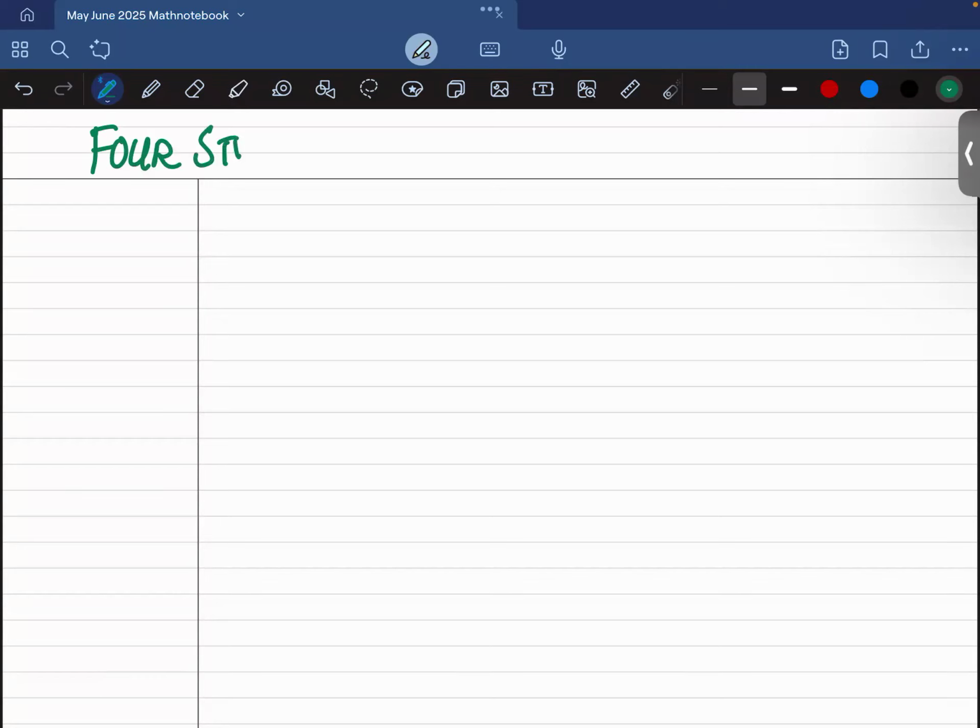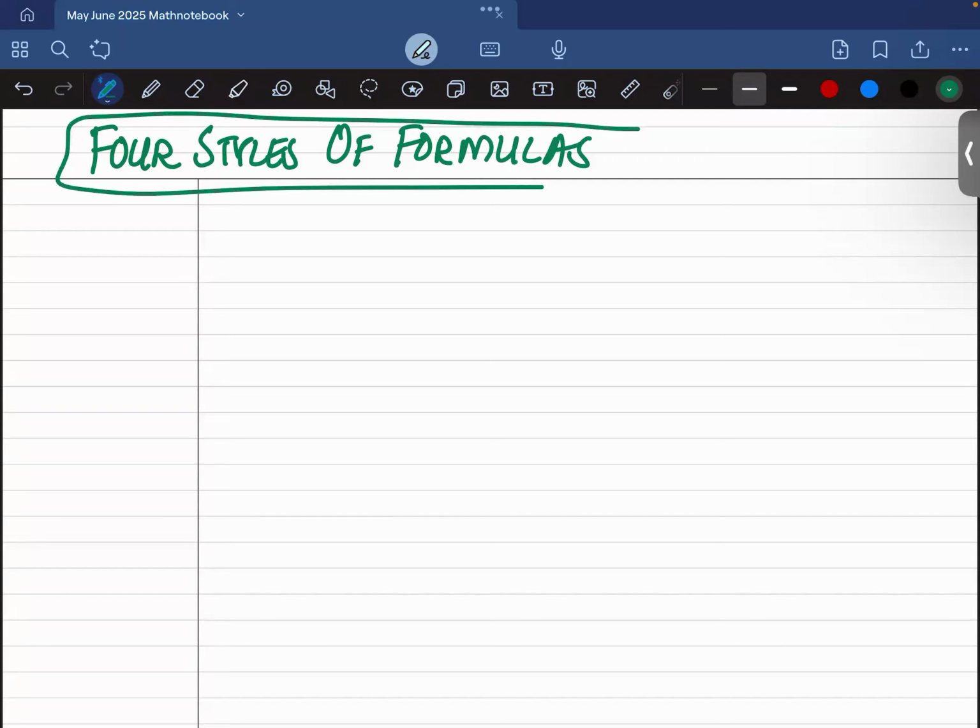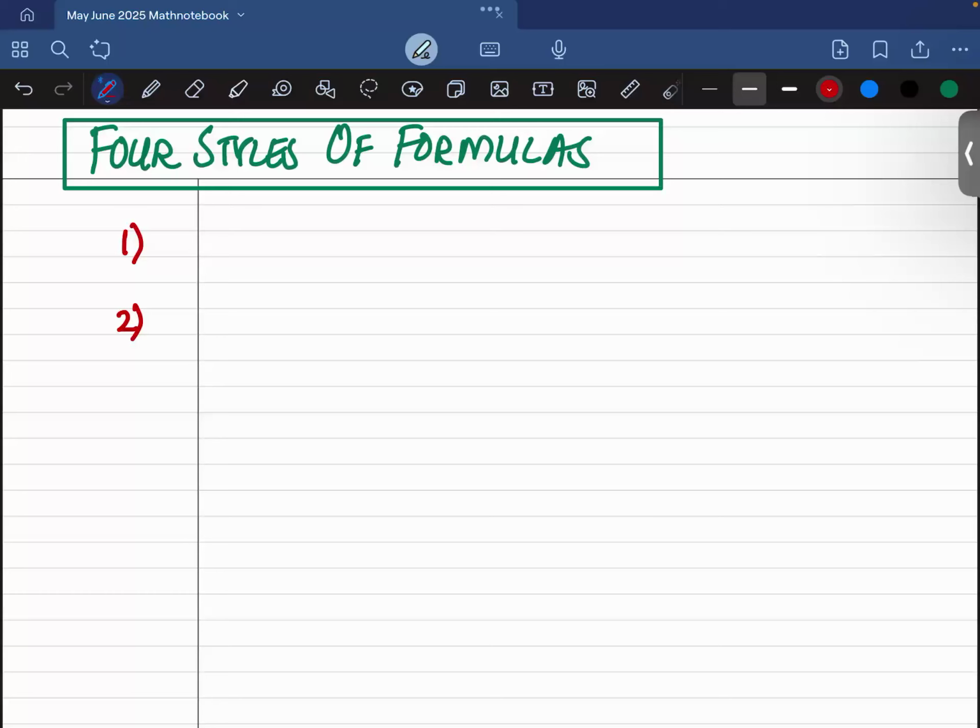Formula number 1 is when a is equal to b plus c, the addition formula.